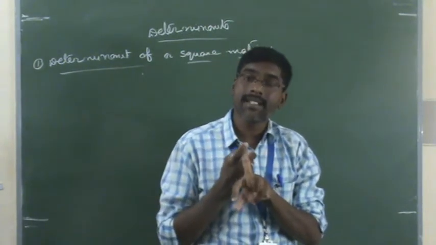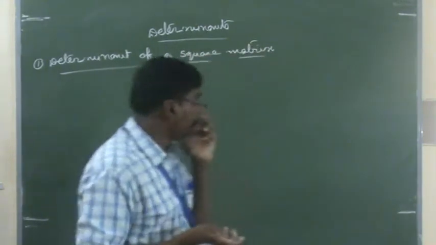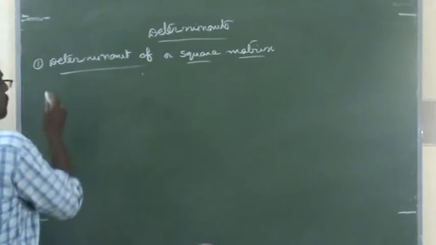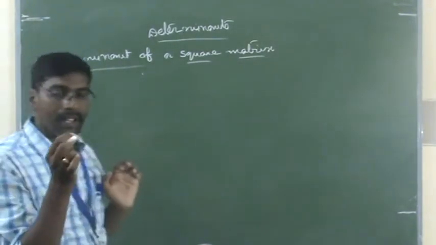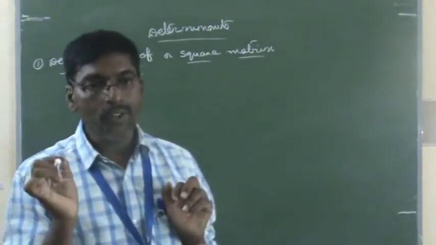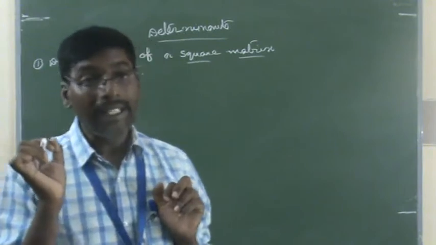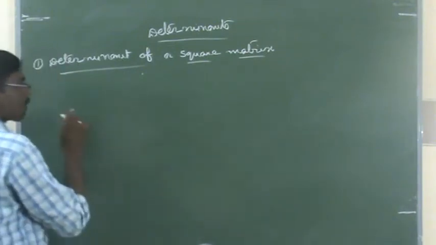Such a matrix is called a square matrix of order 3. We will discuss the determinant of a square matrix of order 2, and the determinant of a square matrix of order 3. So what is the meaning of the determinant of a square matrix?